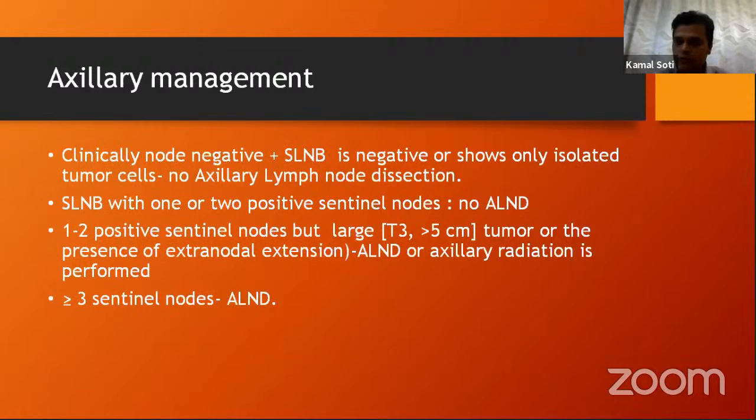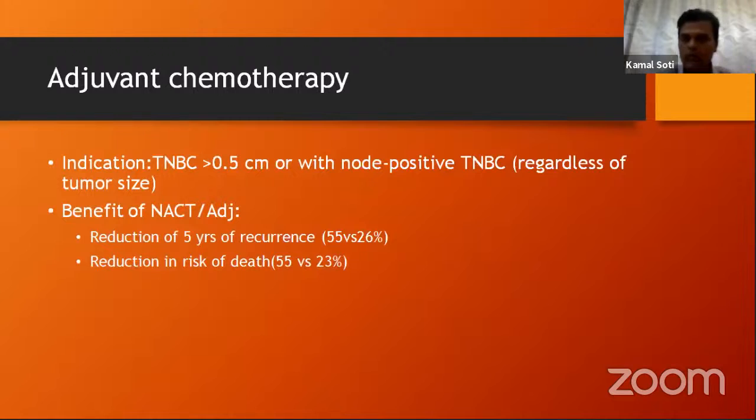But in other patient groups who have more than 3 sentinel lymph node positivity, or even if there is 1 or 2 sentinel lymph node positivity but the tumor is large, more than 5 centimeters, or if there is extranodal extension, then the surgeon takes these patients for axillary lymph node dissection. After the axillary lymph node dissection and surgery has been done, the patient takes adjuvant chemotherapy.